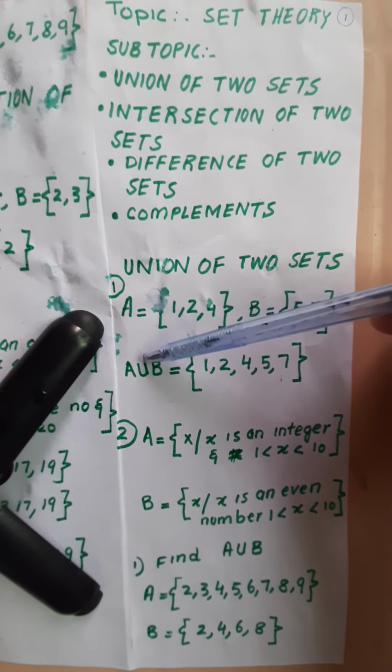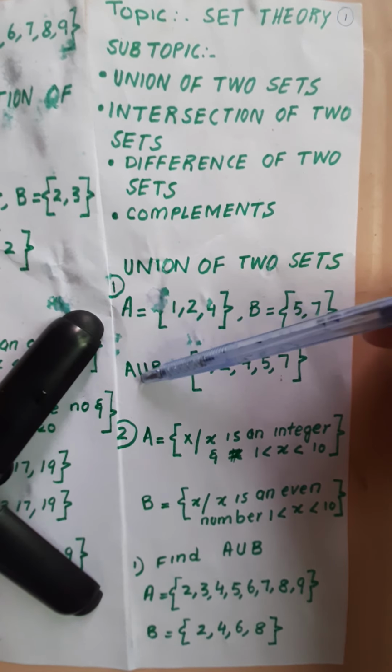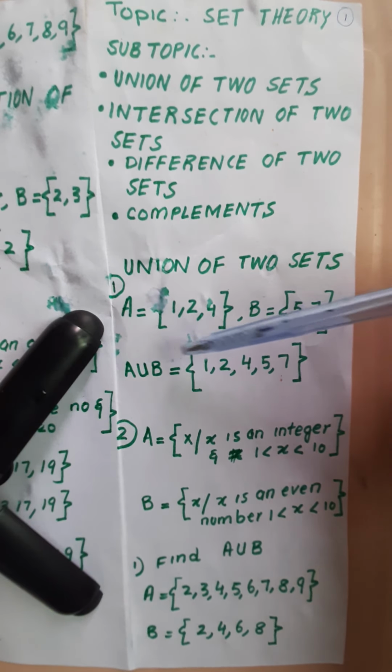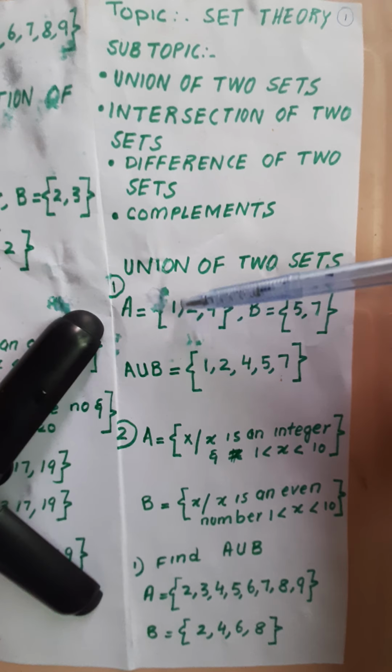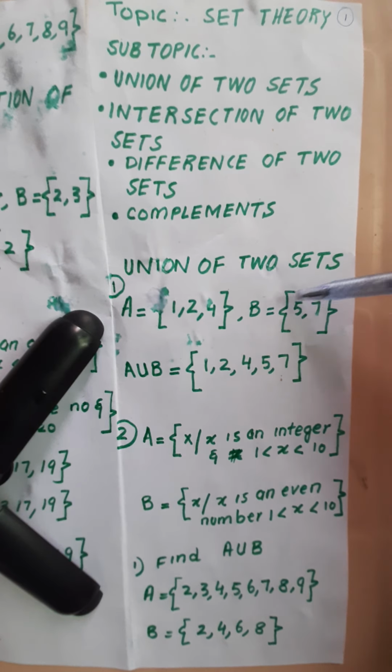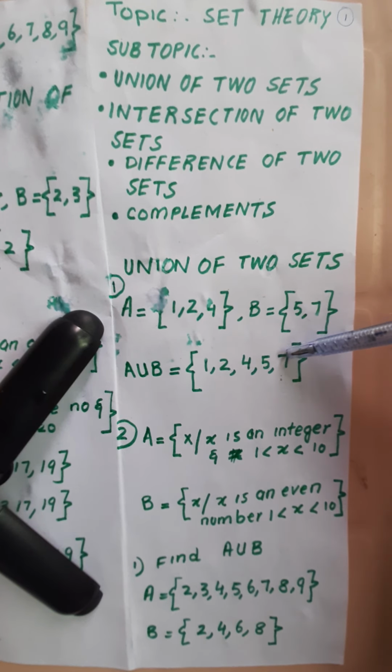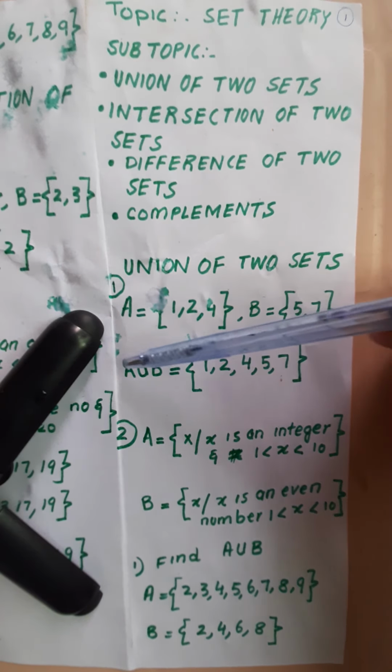Now, union is indicated by this symbol ∪. Now, A union B means you have to combine all the elements of A as well as all the elements of B. This set which contains all the elements of A and all the elements of B is called the union of A and B.